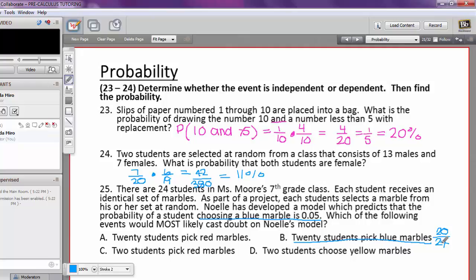And if I divide, 20 divided by 24 gives me 83%, or if you write that as a decimal, 0.83, which is a lot greater than 0.05. So if 20 students picked blue marbles, that would cast doubt on Noelle's model, which says that there would only be 0.05 probability of a student picking a blue marble.